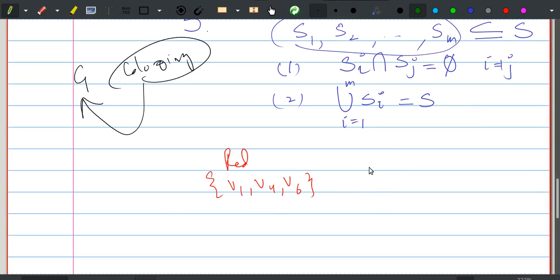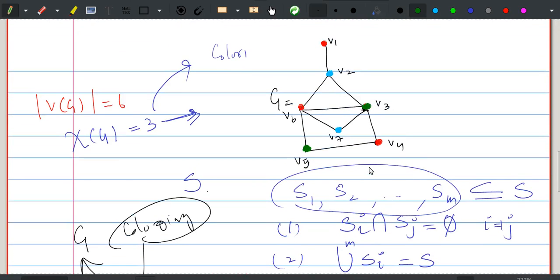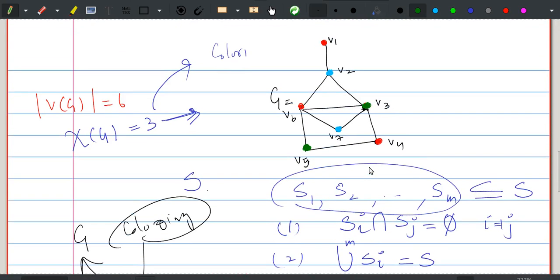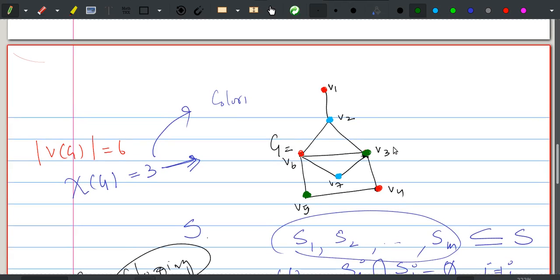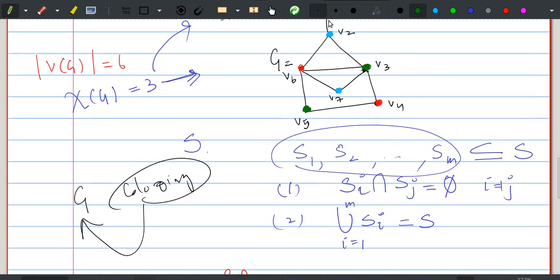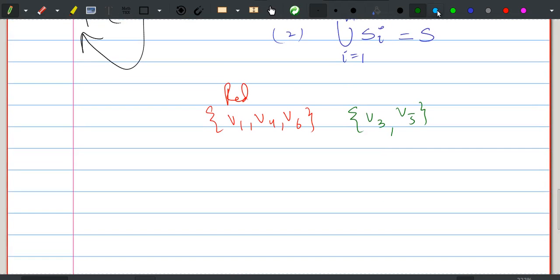Green color is achieved by V3 and V5, and finally the cyan color. In cyan we have these two vertices, V2 and V7.